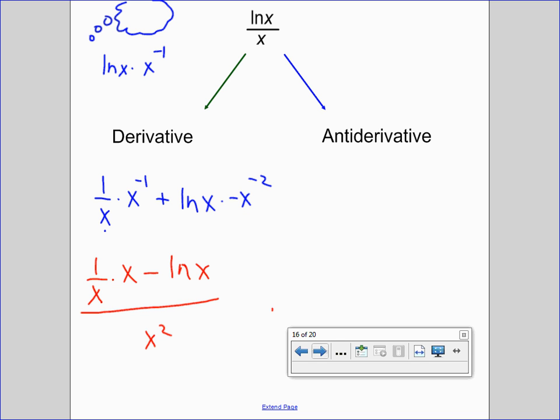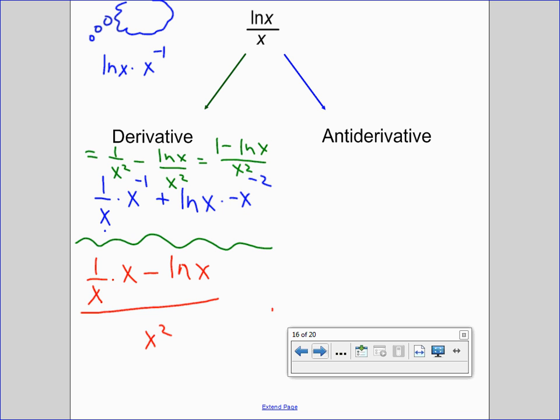This would give me 1 over x times 1 over x, which is 1 over x squared, minus ln x over x squared, which would be 1 minus ln x over x squared.